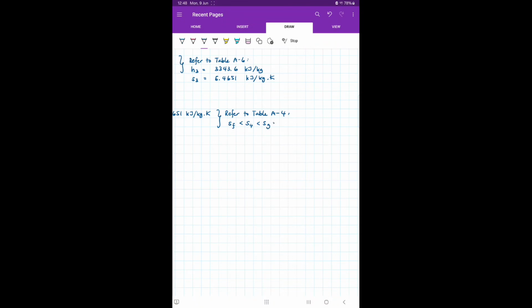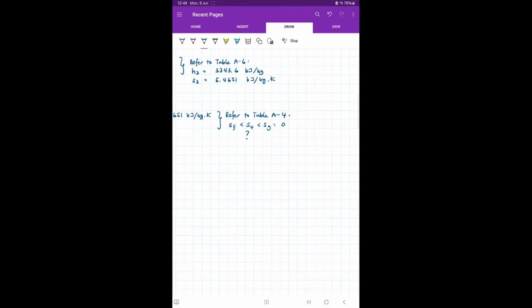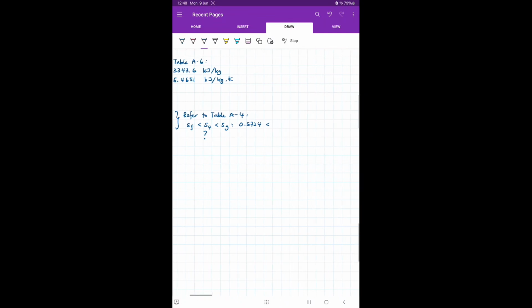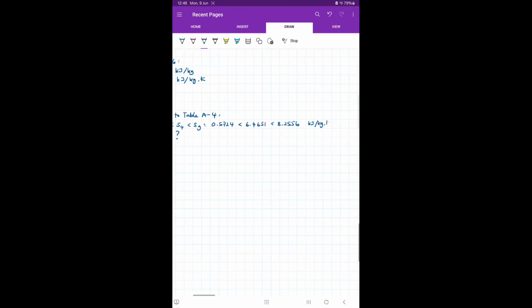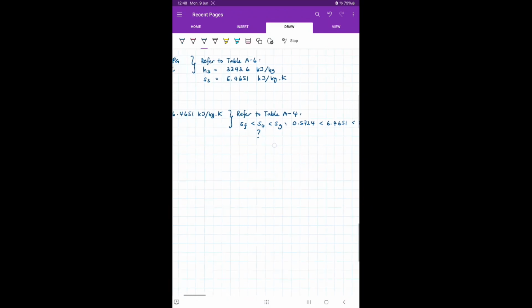Let's take both of these values and find out: is this true? 0.5724 is less than the actual entropy, 6.4651. And is this less than the entropy of the saturated vapor? Yes, it is. So we can confirm that the phase of state 4 is a saturated liquid vapor mixture.